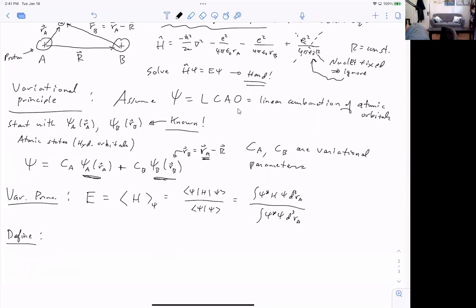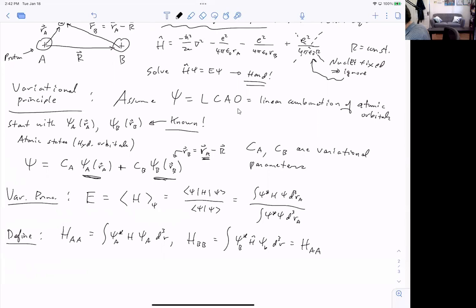Let's define HAA as the integral of psi star A H psi A d cubed R, and similarly, of course, HBB is equal to the integral of psi star B H psi B d cubed R. And by symmetry, you expect that to be the same as HAA.